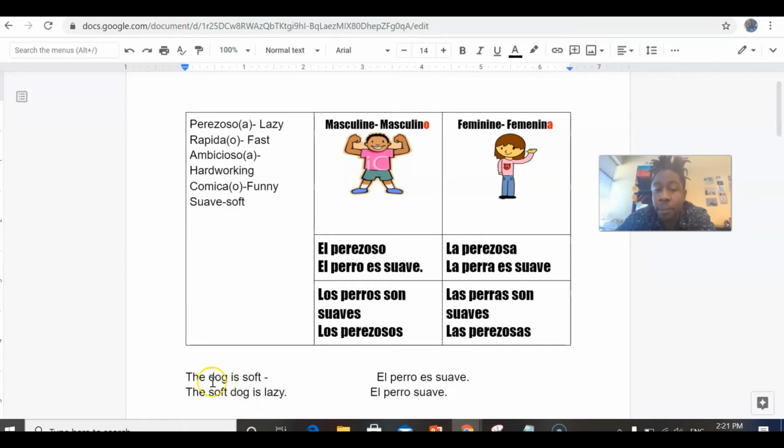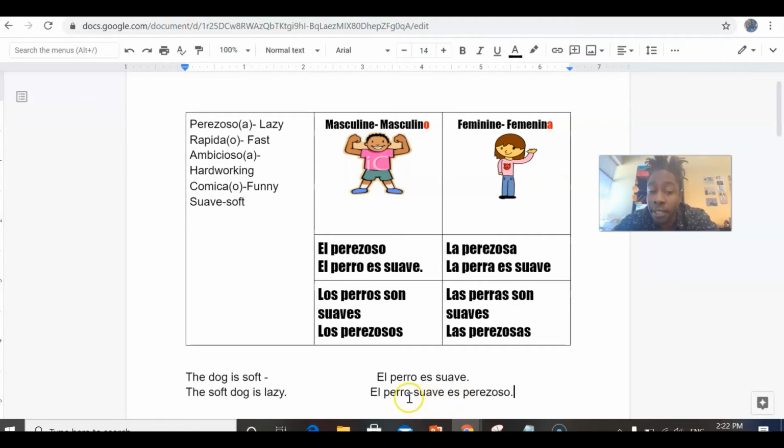Moving our adjective based on how we're using it in the sentence is something, to my understanding, that only happens in English. While here, when I said the dog is soft and I wanted to keep talking about the dog, all I've got to do is take out is, and I have not el perro es suave, but el perro suave. So to continue talking about this dog and say it is lazy, I would now say es perezoso.